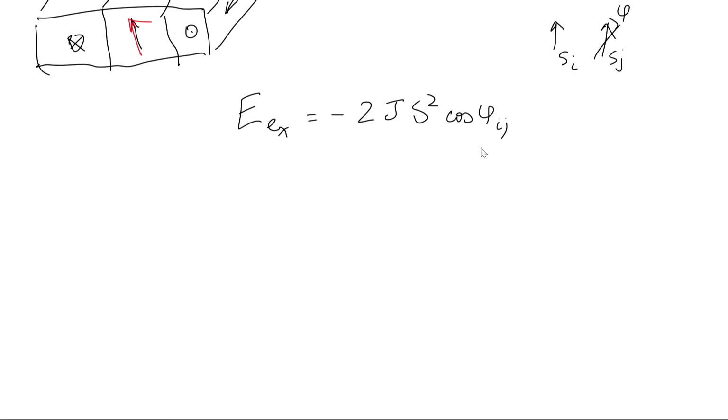Okay, so this factor suggests that it's unfavorable to change the magnetic moments abruptly from up to down. So this term, cosine phi_ij, suggests that it would favor the gradual change.